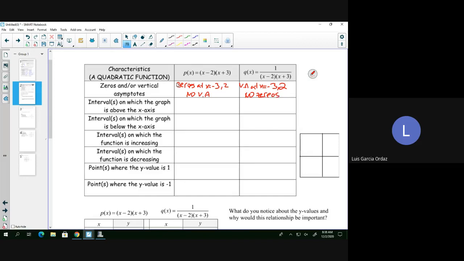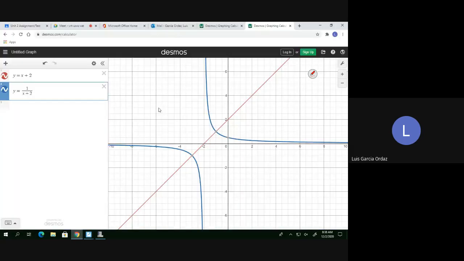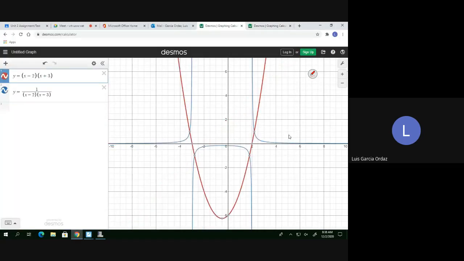All right, now we're going to take a look at the actual graph. So our first question is, what are the intervals on which the graph is above the x-axis? Let's look at p of x, which is just the regular parabola. At what intervals is the function above the x-axis? X is less than negative 3 or greater than 2. So we can say negative infinity to negative 3, and then from 2 to positive infinity.